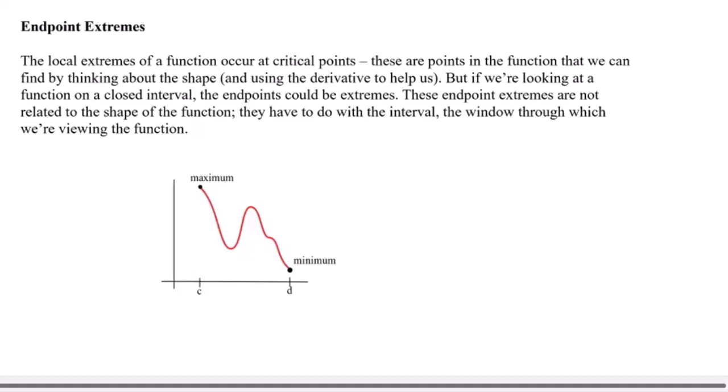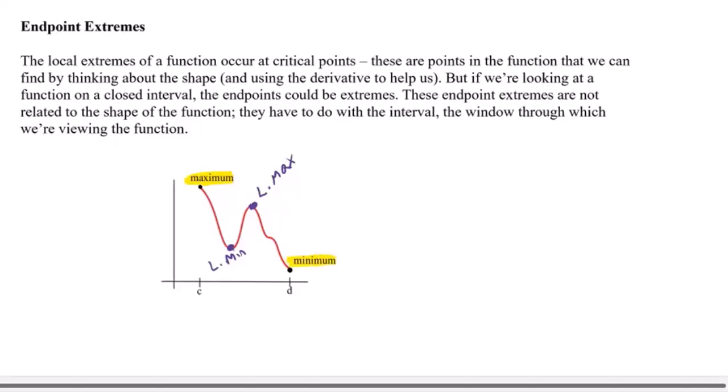We have a local minimum here. We have a local max here. And that's about it. I'll say local max, local min, but my maximum value is right up here, and my minimum value is right down here.